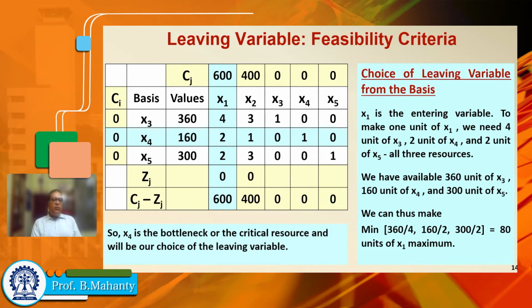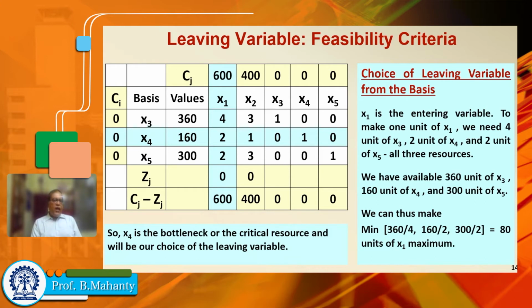Currently it is 2x1 plus x2 plus x4 equal to 160. Divide by the intersecting element, get x1 plus 1 by 2 x2 plus 1 by 2 x4 equal to 80. In other words, x1 can be represented as 80 minus x2 by 2 minus x4 by 2.